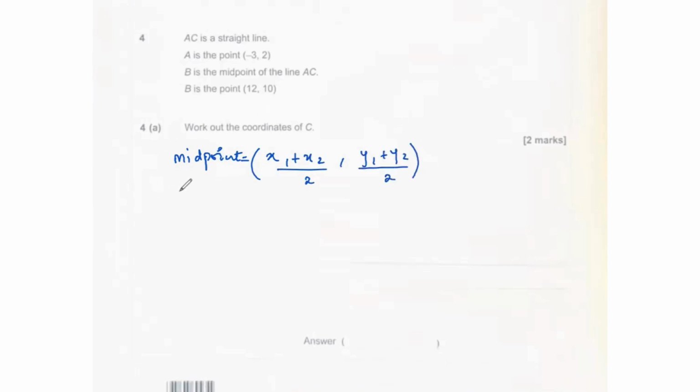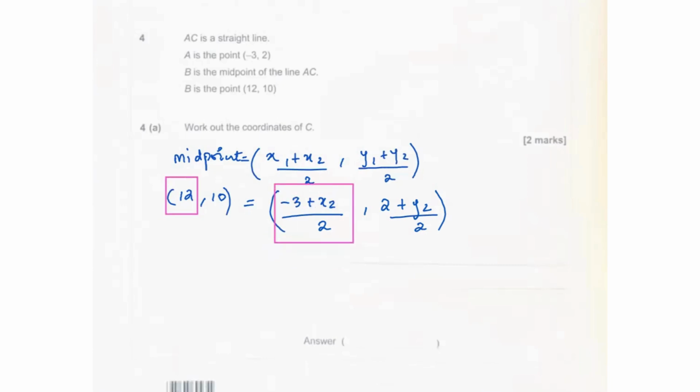So we have the midpoint, that's 12 and 10, and we have to find the coordinates of C. So x1 can be -3 plus x2 over 2, and y1 can be 2 plus y2 over 2. Now what you're going to do is put the x part equal to each other and then the y part equal to each other.